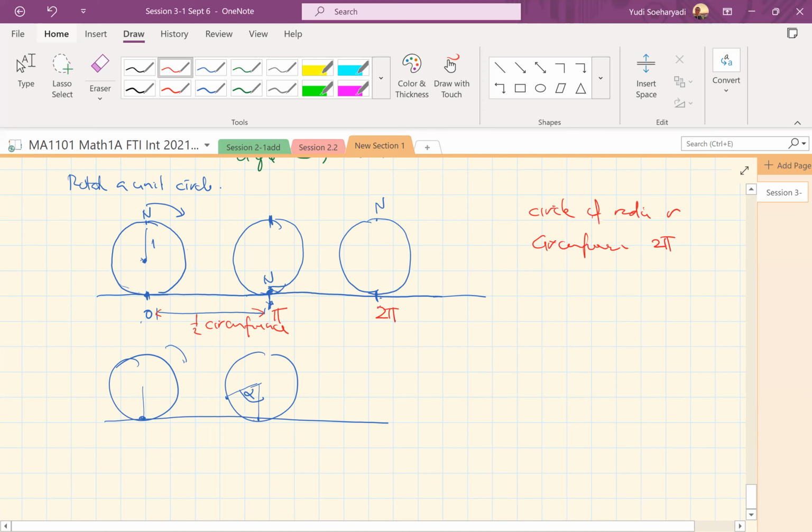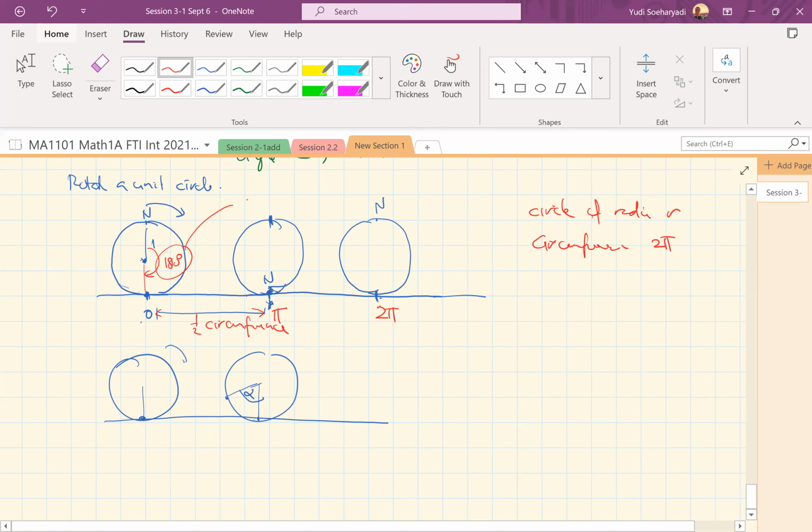Okay, so that's how our conversion goes. Here, turning to this point is 180 degrees.